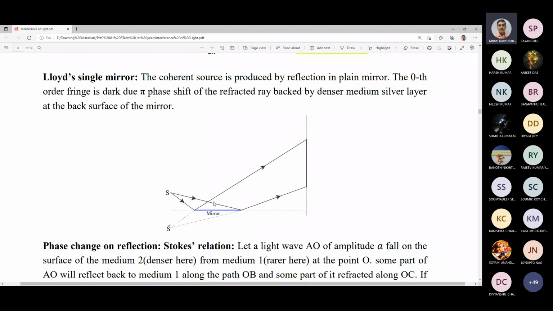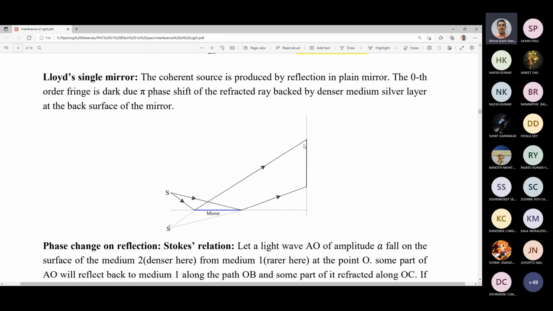Right? So now you consider the screen is occupied by two light beams within this region. One is the direct beam and another beam present in this region is the reflected beam.